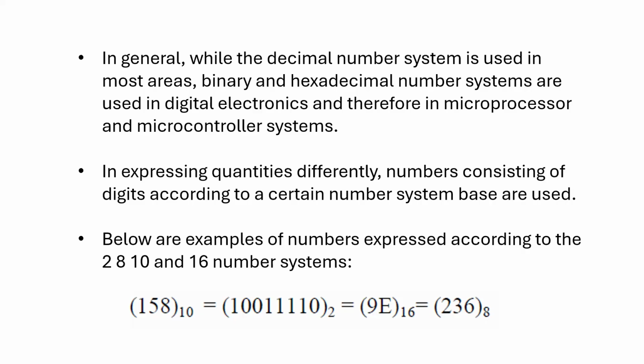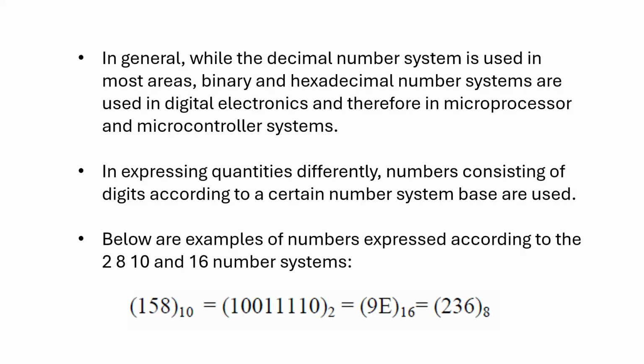In expressing quantities differently, numbers consisting of digits according to a certain number, the base, are used. Our example, as you see, is in base 10: 158. If you don't see any subscript at the bottom right, it means that it is a number in base 10, a decimal.